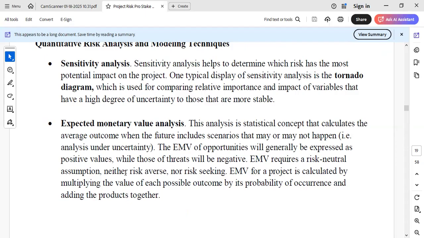The EMV of opportunities will generally be expressed as positive values, while those of threats will be negative.